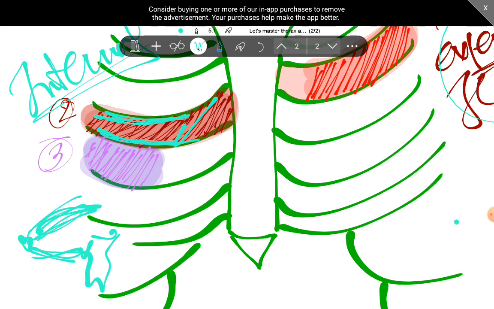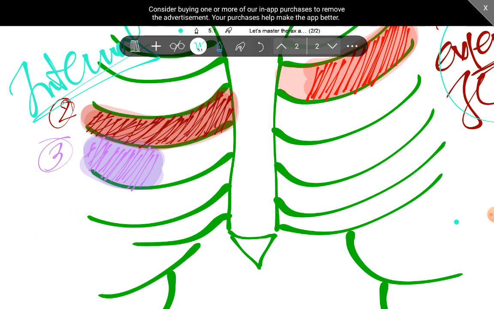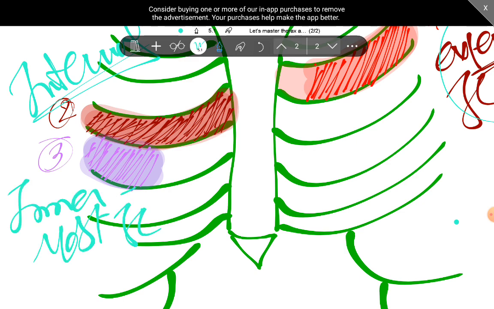The other muscle that we're going to cover quickly, and then we're going to cover the action one time, is the innermost intercostal. The innermost intercostal also goes downwards and backwards, as we can see here.